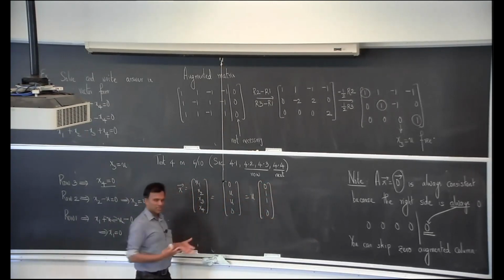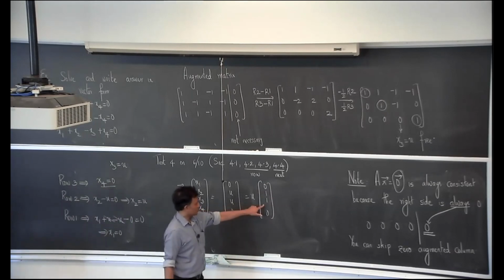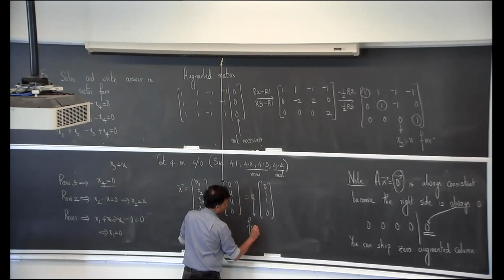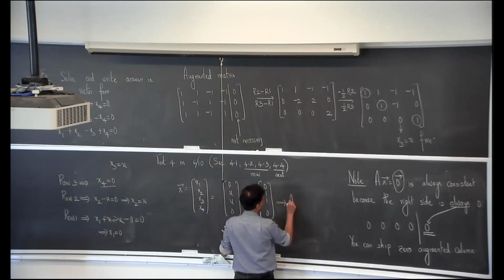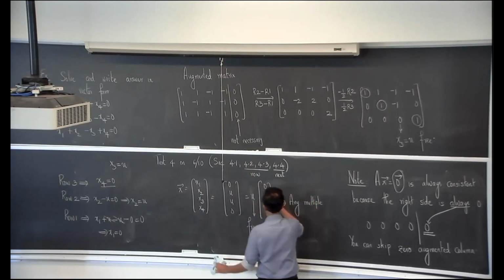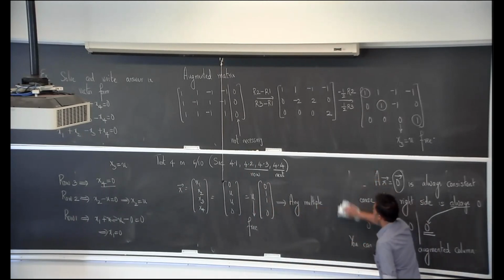And if you're still just getting used to this concept of free variable, all that is saying is that any multiple of this vector is a solution to the system. Okay. So this is a free variable, means that any multiple of the vector 0, 1, 1, 0, that's a vector in R4 because it's got 4 components. Okay.